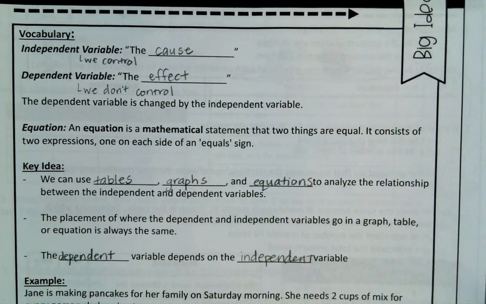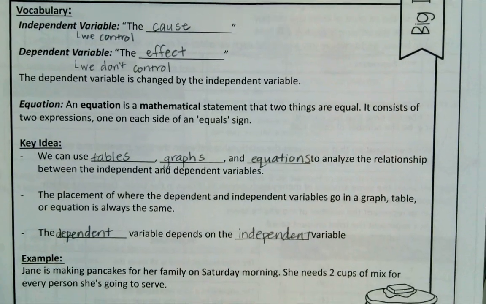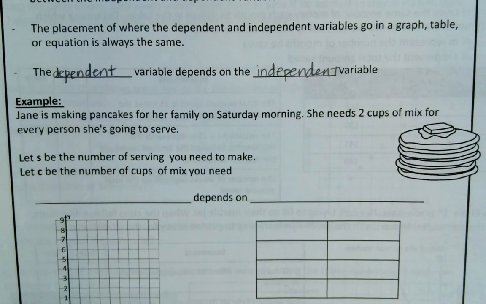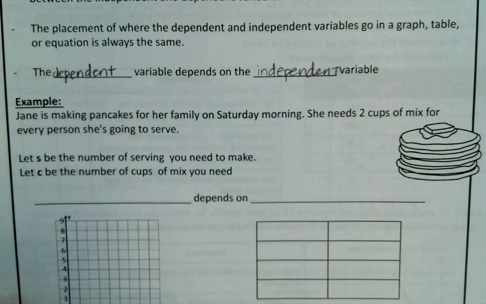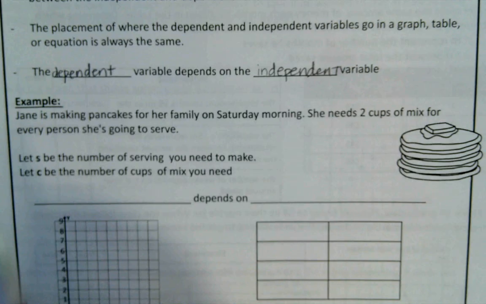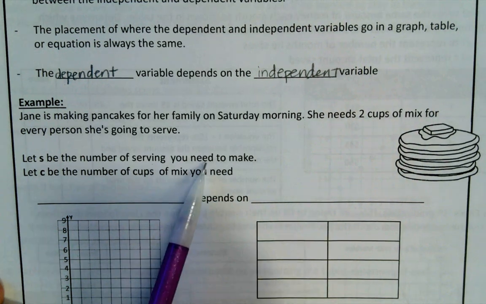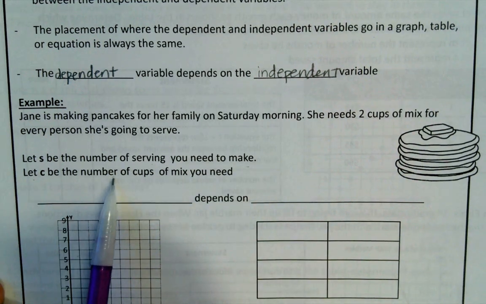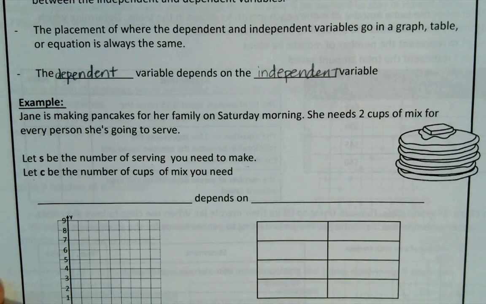So example: Jane is making pancakes for her family on Saturday morning. She needs 2 cups of mix for every person she's going to serve. So let S be the number of servings you need to make. Let C be the number of cups of mix you need.